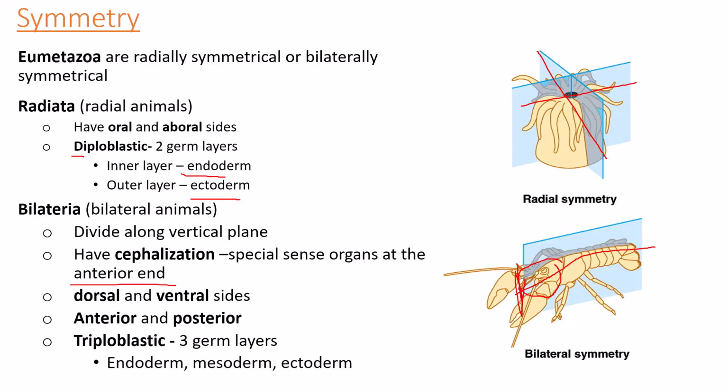They also have dorsal, which is back, and ventral, which is belly sides, and they have anterior, which is front, and posterior, which is back sides. And these guys are triploblastic, so they have that endoderm inner layer, that ectoderm outer germ layer, and then they have a mesoderm. Meso is middle, so that mesoderm is between the endoderm and ectoderm.